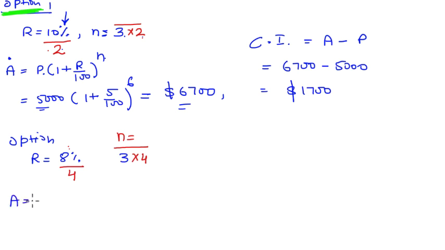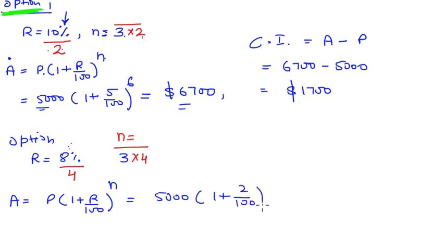So the amount paid back, using the same formula, is P times (1 plus r over 100) to the power n, right? And this is 5,000 times (1 plus r becomes 8% divided by 4, which is 2, divided by 100), and n becomes 3 times 4, which is 12. Okay, so as you simplify this whole thing, it becomes $6,341.